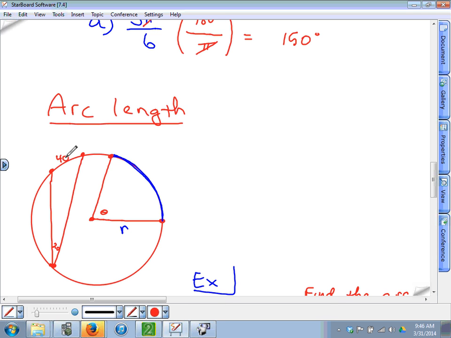Arc measure is just some kind of a degree that has to do with the angle. But arc length is more closely related to radians, not degrees. So from here to here, that's called an arc, right?